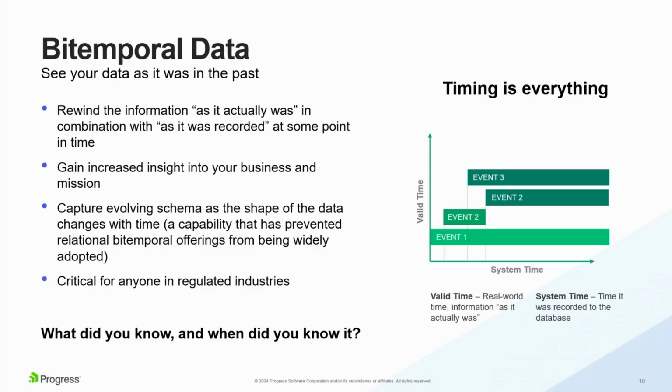Another one is bitemporal data. A lot of MarkLogic Semaphore users don't know this exists, but it's really important in some cases. What bitemporal means is that you can always go back in time and see what the database looked like at some point in the past. The way that works is we don't actually delete the data. We just mark that this data was valid from this point to this point.